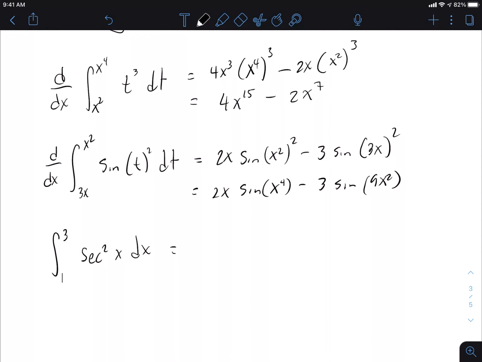So here's the philosophy that goes into being able to solve these problems. What function has a derivative that gives me secant squared x?